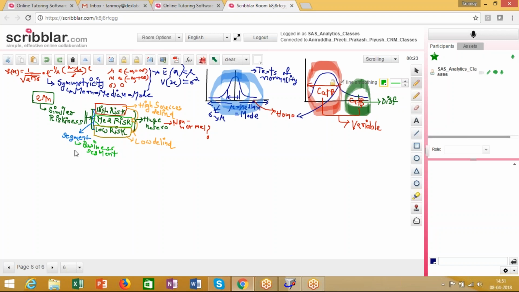And the other type that we generally have is your statistical segments.